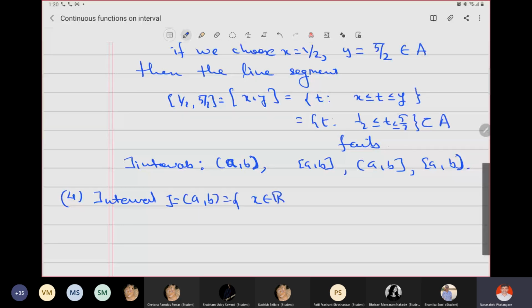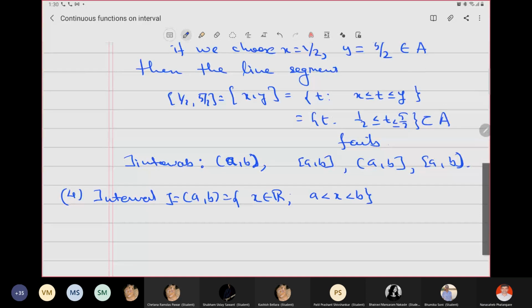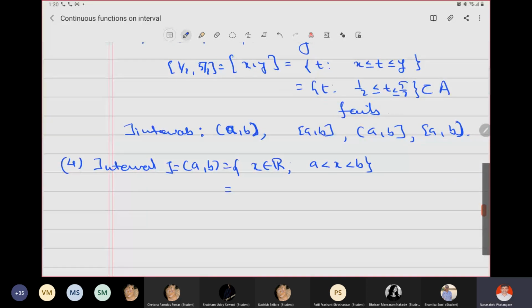Those real numbers for which A less than x less than B, so those x which are strictly greater than A and strictly less than B. So I can write this as all those real numbers for which x greater than A, intersection with the set of real numbers for which x less than B. Right? Is it the same as A to infinity intersection with minus infinity to B? Is it true?